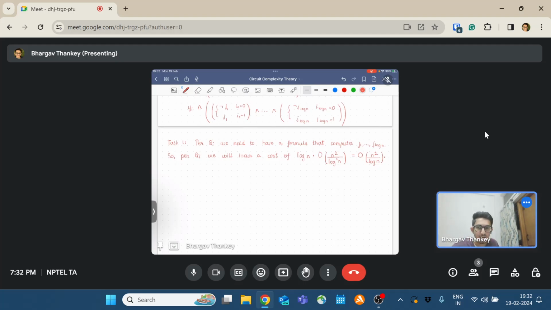So to accomplish task 1, per GI we incur order n square over log n cost. Okay, this per GI is important. Now let's look at the size of the circuit, the formula.